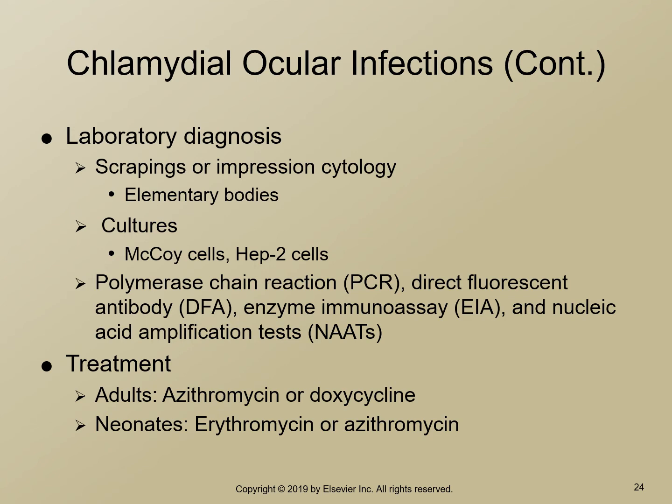There are also non-culture detection methods such as polymerase chain reaction, direct fluorescent antibody assays, and enzyme immunoassays that are more frequently used to detect ocular chlamydia infections. In addition to these, nucleic acid amplification tests are considered the method of choice because they have high sensitivity and specificity. Once a patient is diagnosed with an ocular chlamydia infection, the treatment includes azithromycin or doxycycline for adults and erythromycin or azithromycin for neonates.